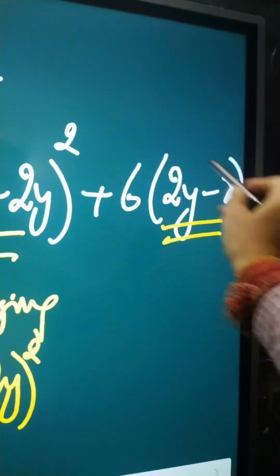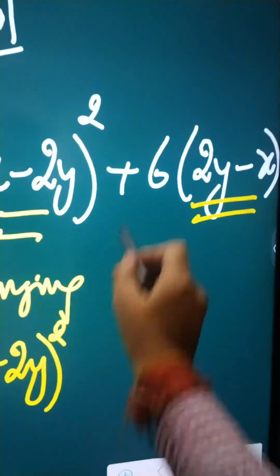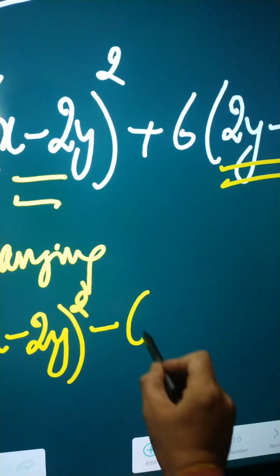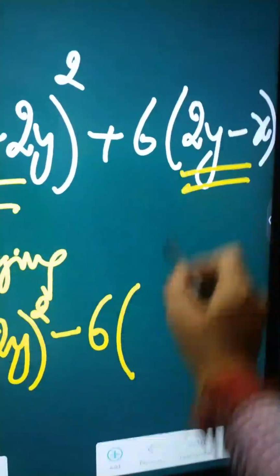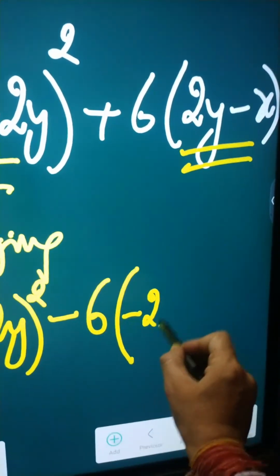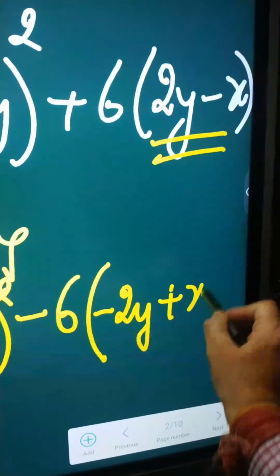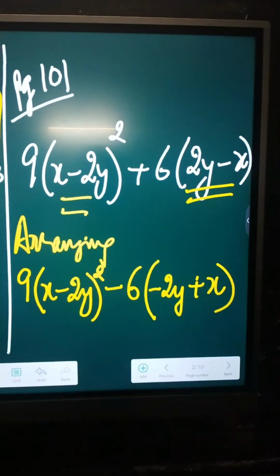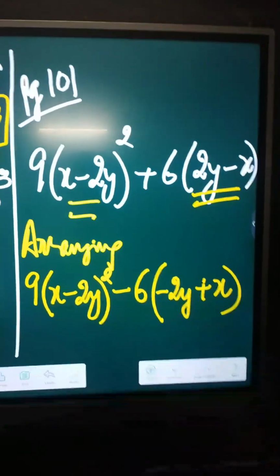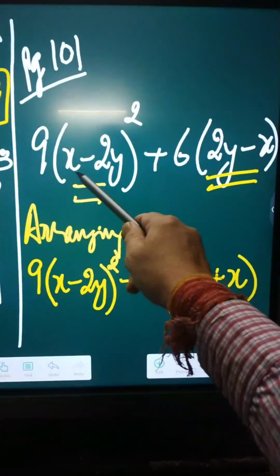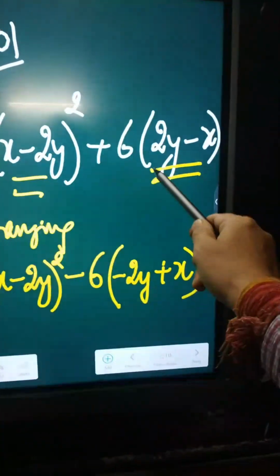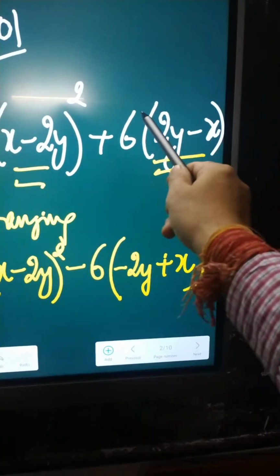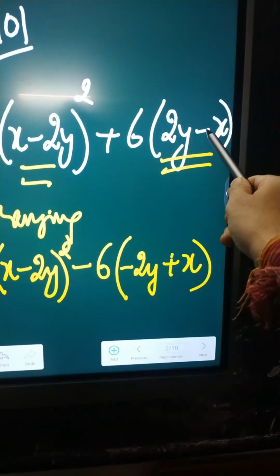See what I will do: this plus I have made minus, then 6 bracket plus 2y minus 2y plus x. This is the arrangement I have done so that I get the next bracket. The first bracket is plus x, the second bracket is x minus, so I will change the sign of all the terms.